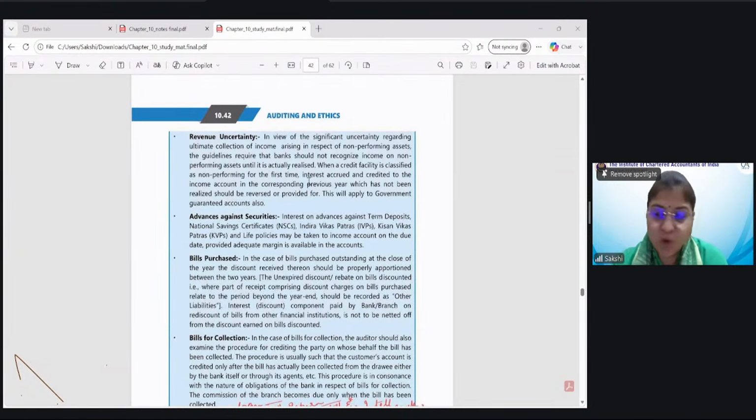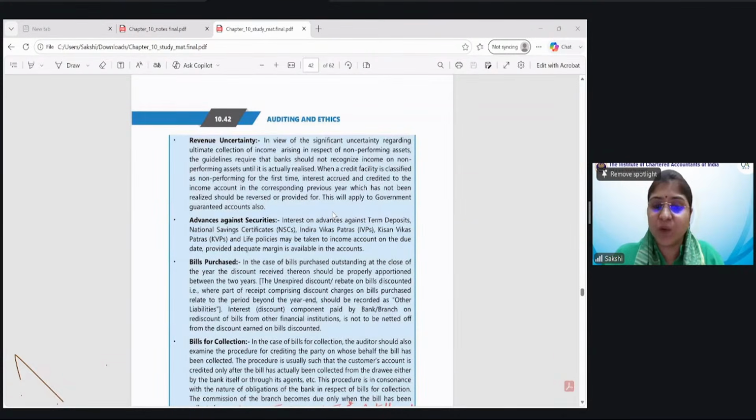Okay. One more time, please. Okay, Harsh, what about rediscounting? Harsh, try to understand. Bill discounting is I go to the bank to discount the bill. Rediscounting is the bank going to another bank to rediscount it again. Now the bank wants the money, so the bank is going to the other bank for rediscounting. So when the bank goes to other financial institutions or a bank, it has to pay some charges. Now that charge paid for bill rediscounting has to be booked as an expense for the bank.